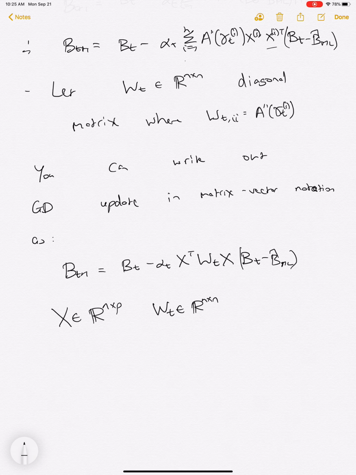Okay, so this looks a fair bit more like what we saw in the case of linear updates, but now we have this weight which can vary with t.